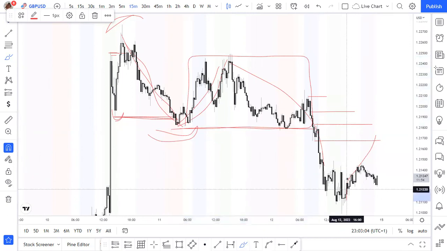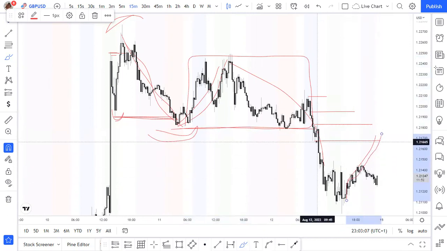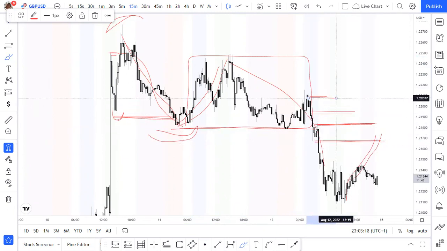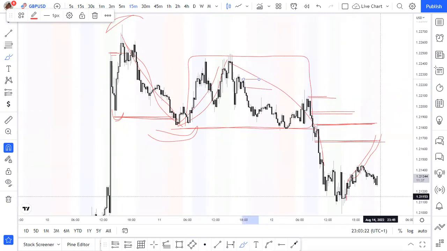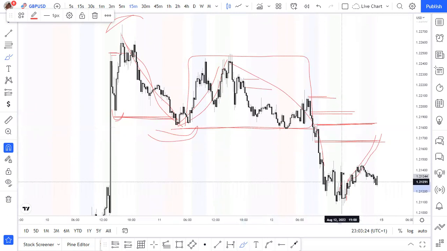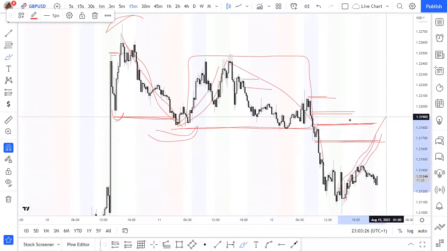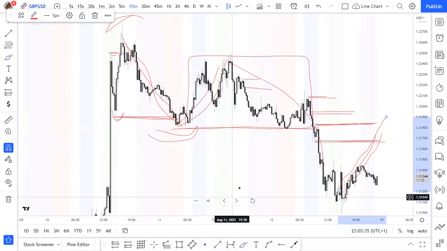We want to see price pull back into this range here because this range is actually valid and unmitigated. So we want to see price pull back into this range, this engulfed candle here, or even this one here. There are multiple zones here. So we just watch and see how price pulls back into this range, then look for our confirmations on the 1 minute and then take the trade.